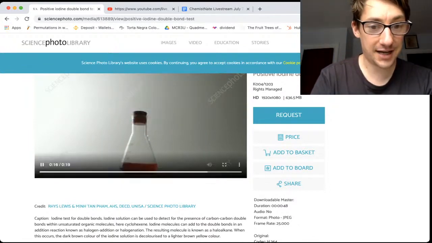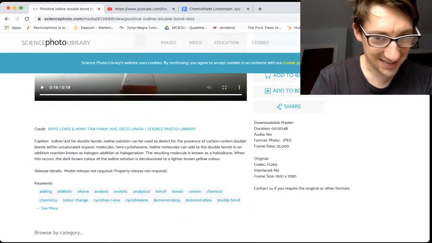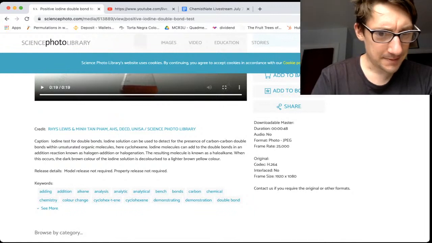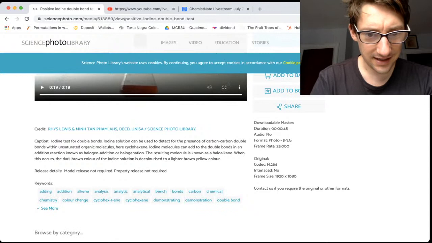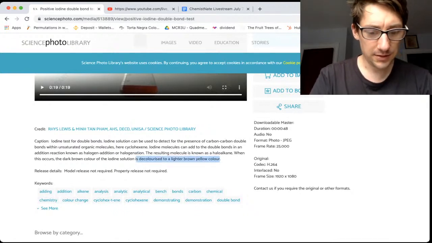Wow, that was crap. Like, what even happened? Iodine molecules add to the double bonds. You halogenate the double bond. When this occurs, the dark brown color is decolorized to a lighter brown-yellow. Cool.